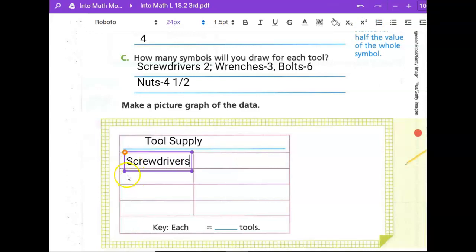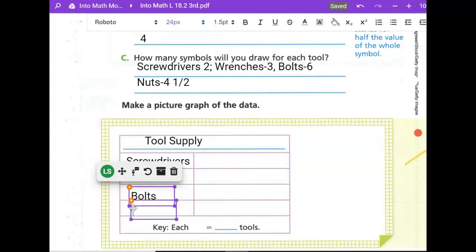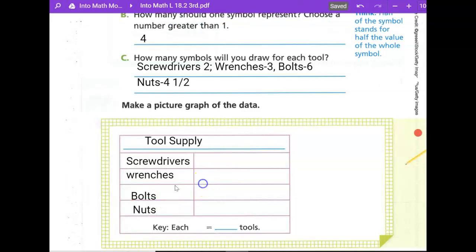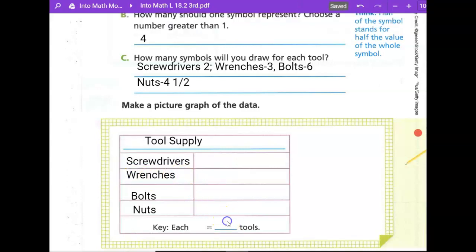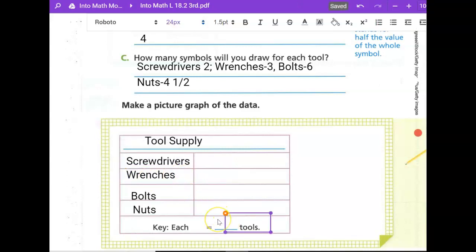And the second category is wrenches. The third category is bolts. And the last category is nuts. Okay, I'm going to go back and make my W capital so my thing looks good. And we discussed that we're going to put 4.